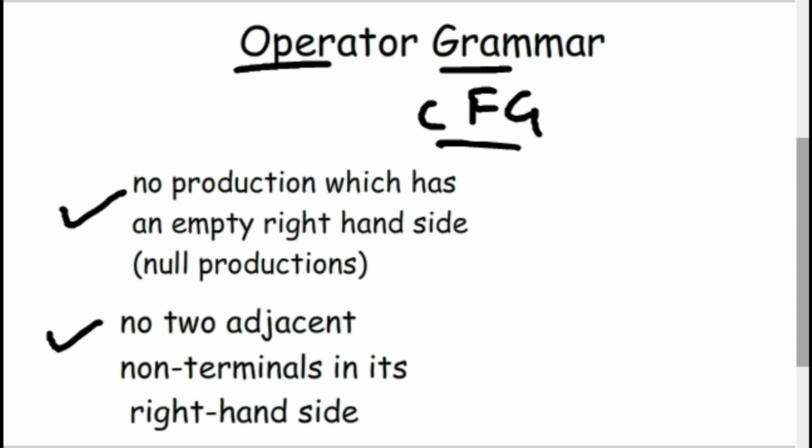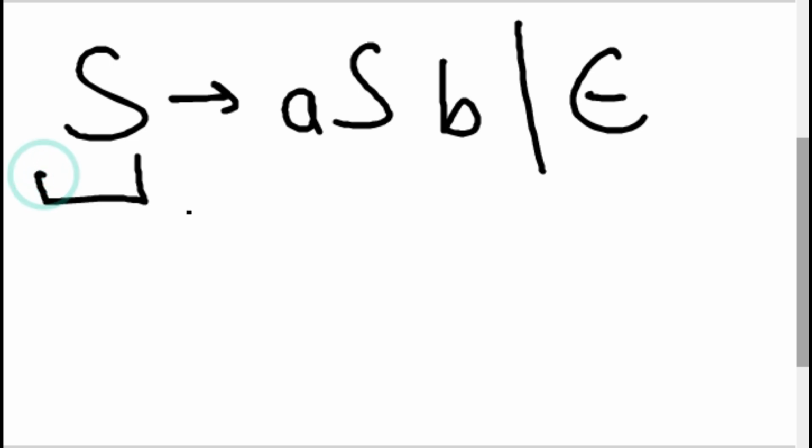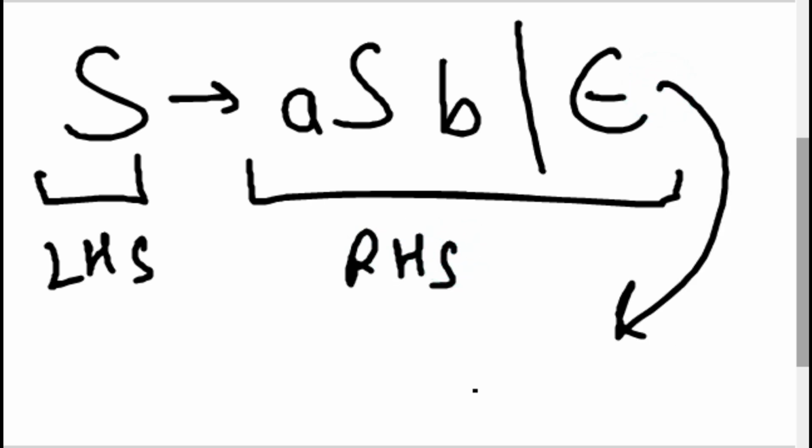For example, this is a production. S derives A, S, B or epsilon. This is the left hand side, LHS, and this one is the right hand side, RHS. In this, there is a symbol called epsilon. Epsilon is also called the null symbol.